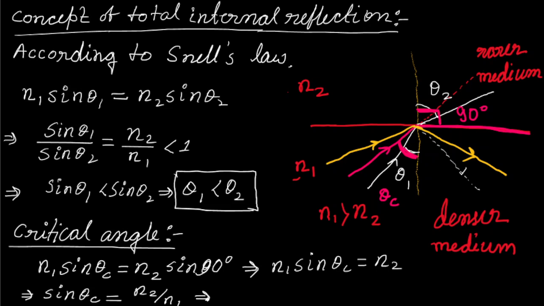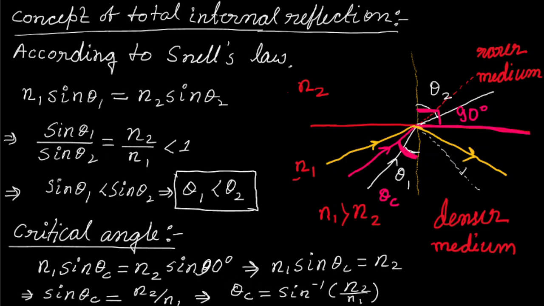Or if we want to write theta c, the critical angle, it can be written as sine inverse N2 by N1.